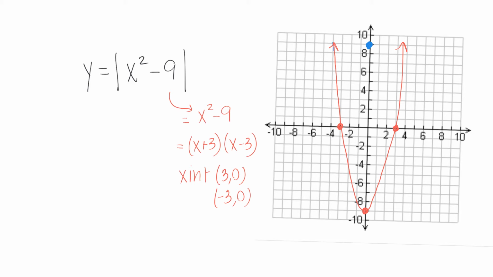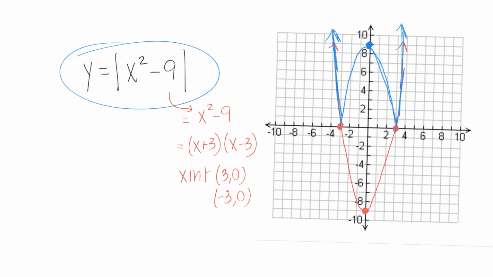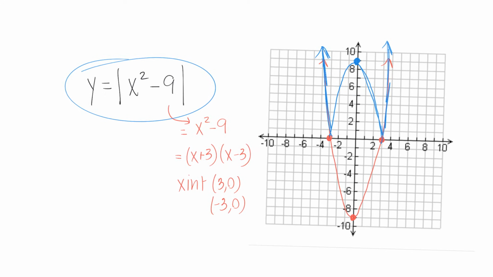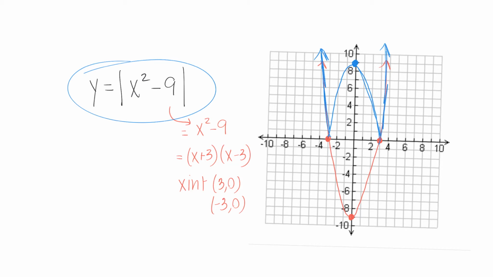So when I take the absolute value of this, I'm going to leave all my positive values alone and I'm going to flip all my negative values upside down. And then the blue graph is what the absolute value looks like. Okay, isn't that much more efficient than making a table of values?